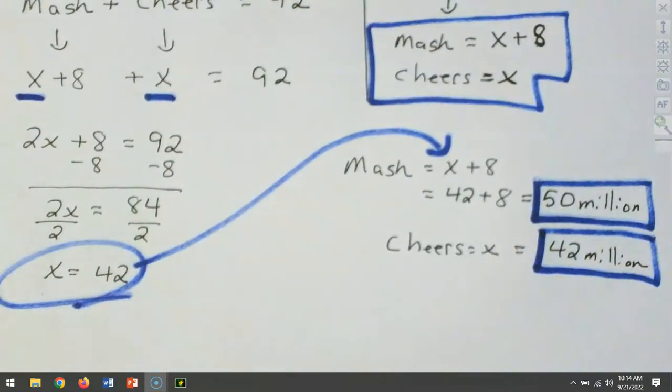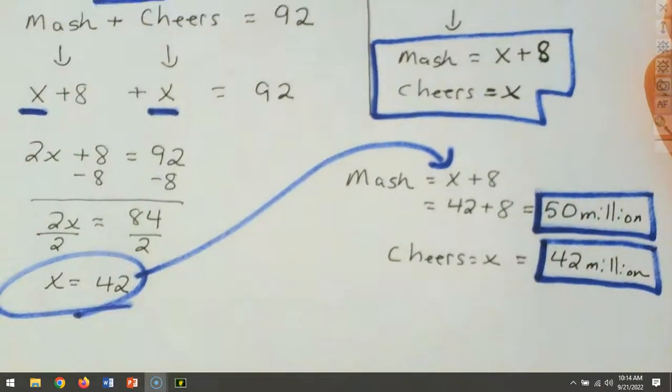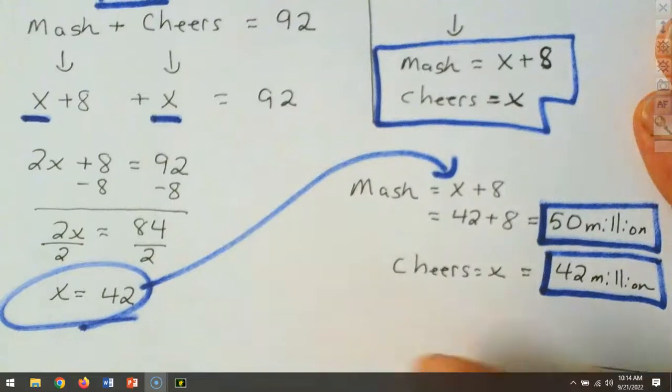How many people watched each episode? We put the millions on because that's what the units are. When we talked about the number of viewers, our total was 92 million. So we made sure then that we labeled it with the million. We got our two parts, and that's what they wanted. We used the fact that we had a total. They're all going to be done in a similar manner.